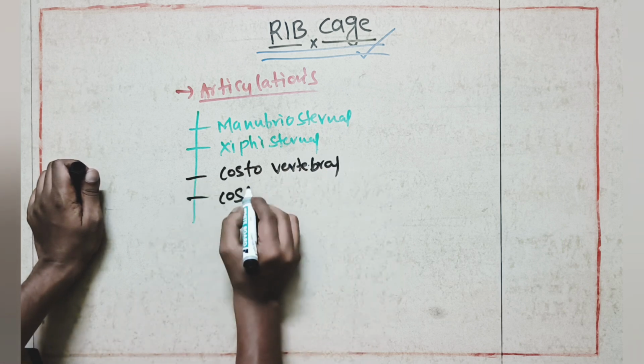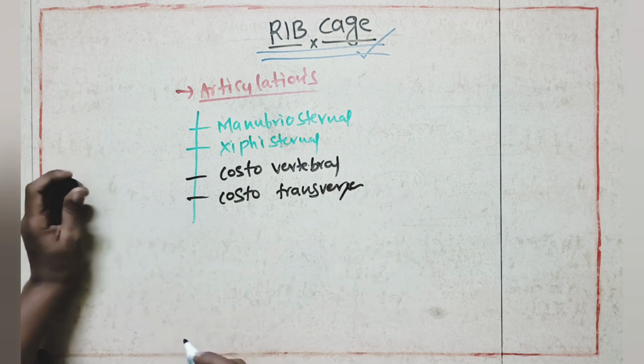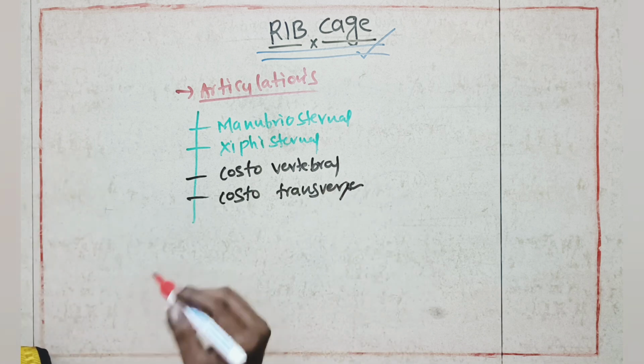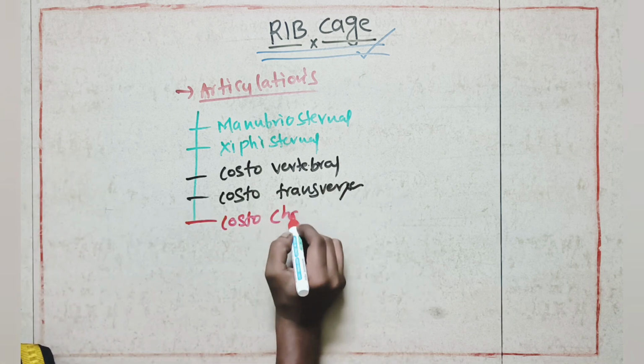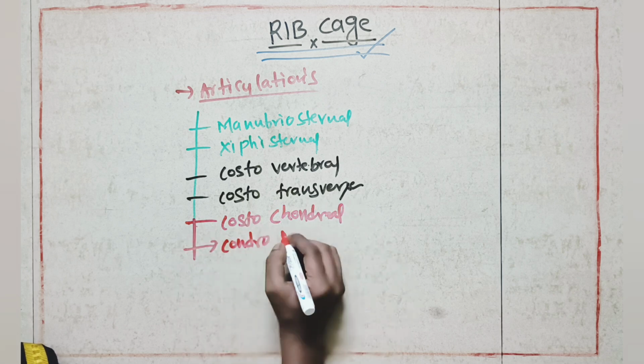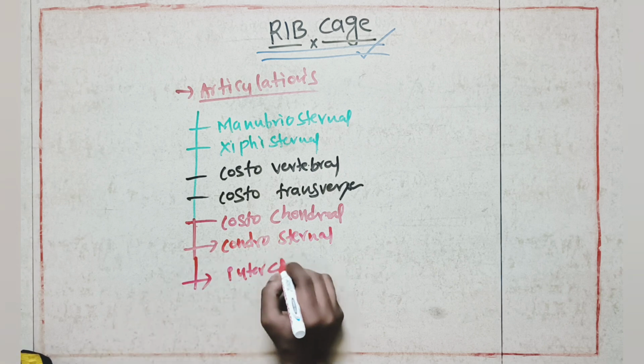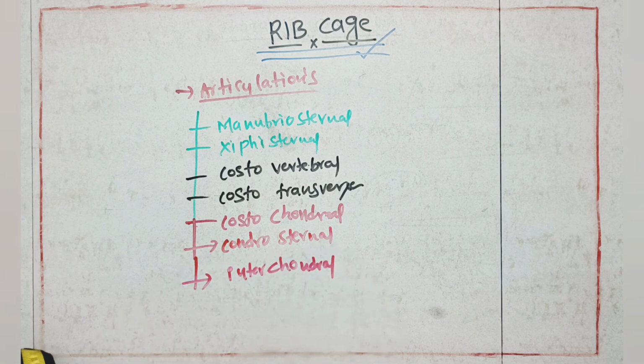And one more, costotransverse articulation. And again here we will have costochondral, and one more, chondrosternal. So these are the articulations, and here one more articulation will be there, that is interchondral. So these are the articulations.